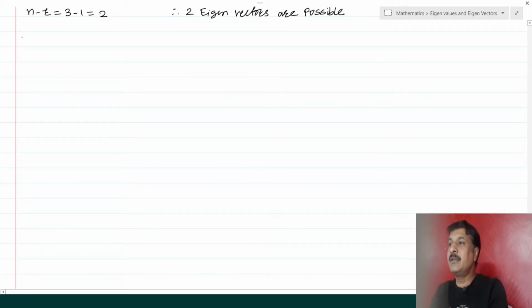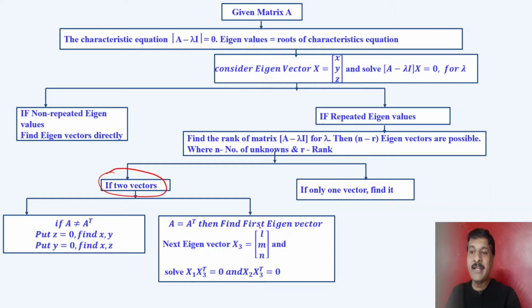A equal to A transpose means that the given matrix is symmetric. Then find the first eigenvector. For the next eigenvector, you consider x3 equal to L, m, n, and x1 times x3 transpose equal to 0, x2 times x3 transpose equal to 0, and find L, m, n.